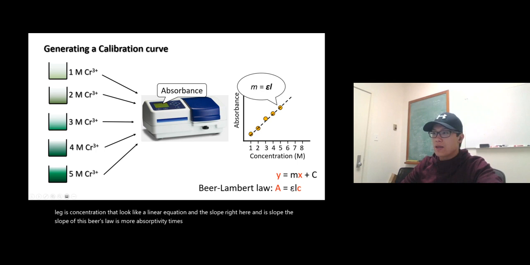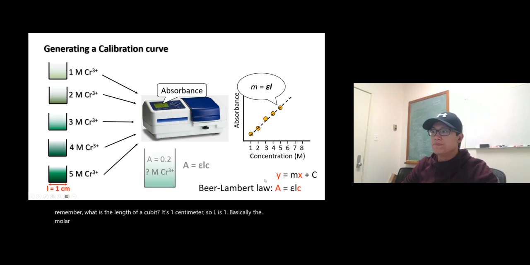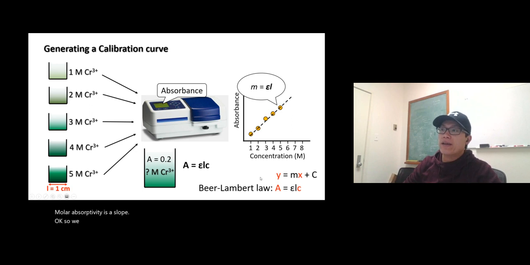That's the slope. And if you still remember, what is the length of a cuvette? It's 1 centimeter, so L is 1. Basically, the molar absorptivity is the slope. Okay, so we call this generating a calibration curve, and you're going to do this in the lab.